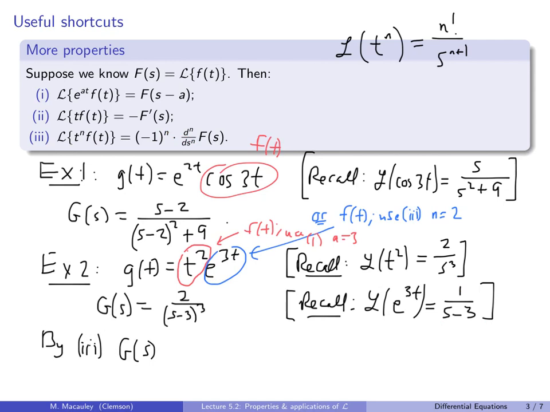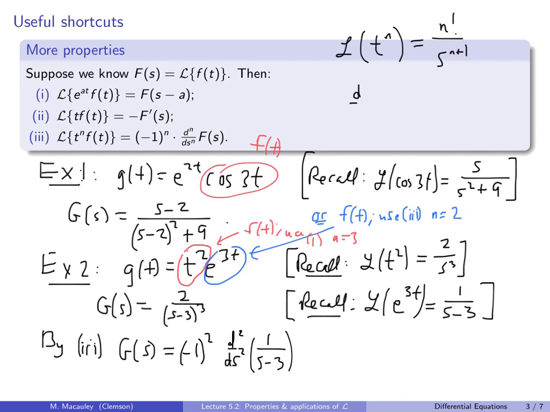So this is negative 1 squared times the second derivative of 1 over s minus 3. So what's the second derivative? Let's do this up here.